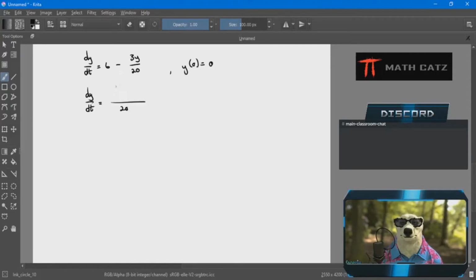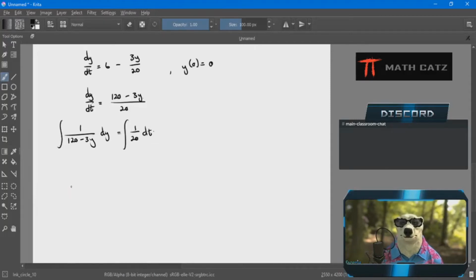So I have to put these terms together over a common 20, perhaps. So I have 120 minus 3y. Then I'll take the 120 minus 3y to the y side, and 1 over 20 can stay, and dt goes to the right, and then I integrate.